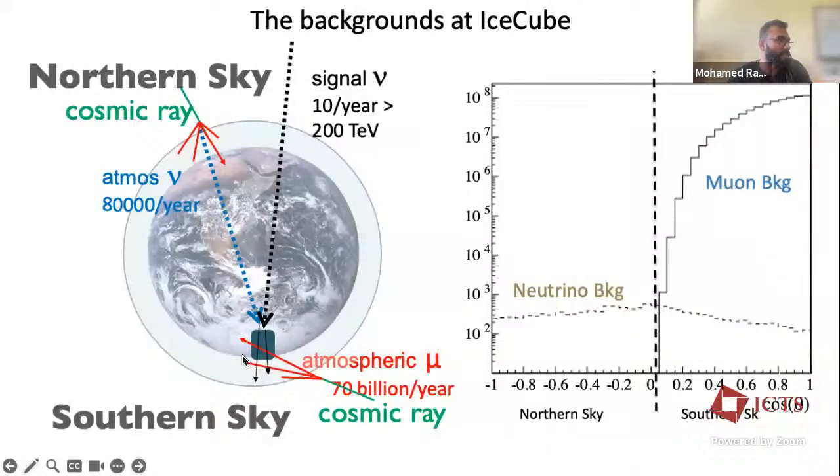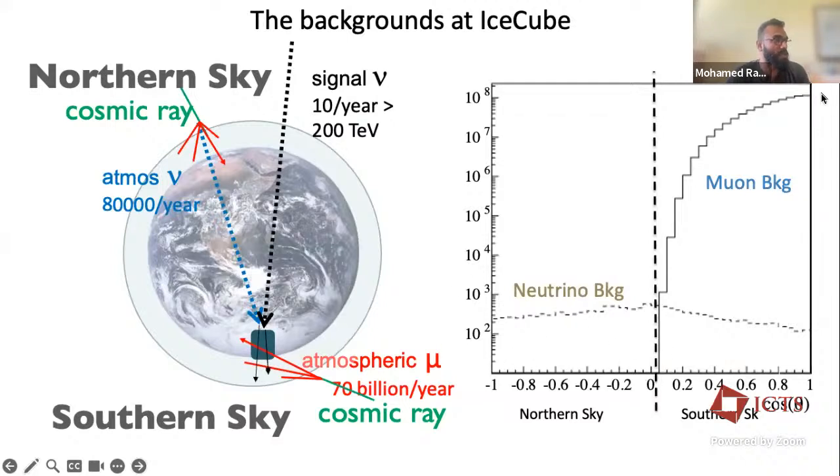In the upgoing direction when you're standing at the South Pole, which in this figure would be the downgoing direction, you will see only a few events, at the rate of maybe 1 every 4 to 7 minutes or so. And these track-like events are clearly muons originating in charge current interactions of atmospheric muon neutrinos.